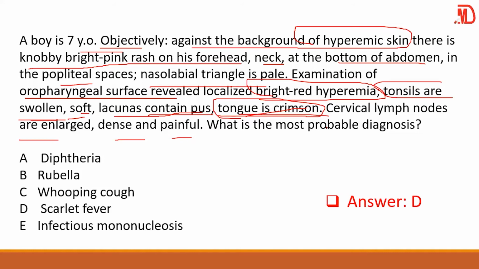So your answer is scarlet fever, because of the bright pink rash on the forehead and the tonsillitis or sore throat. Of course, there is supposed to be a temperature, but unfortunately they didn't mention it. But these are the classic signs of scarlet fever. So here, your answer is D.